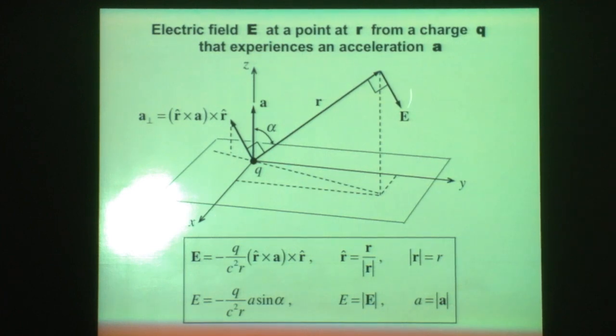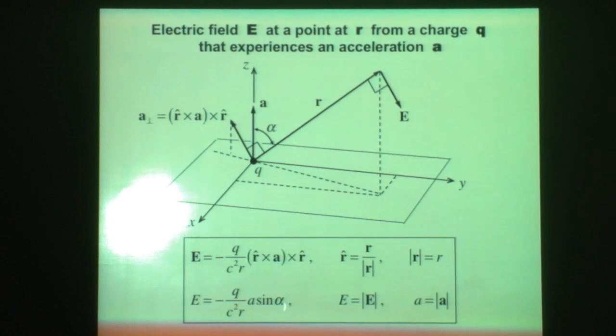So we can be considering observing these effects in any position all around that charged particle or that origin. And so at some distance, in some direction, the electric field is given by this cross product of a cross product.